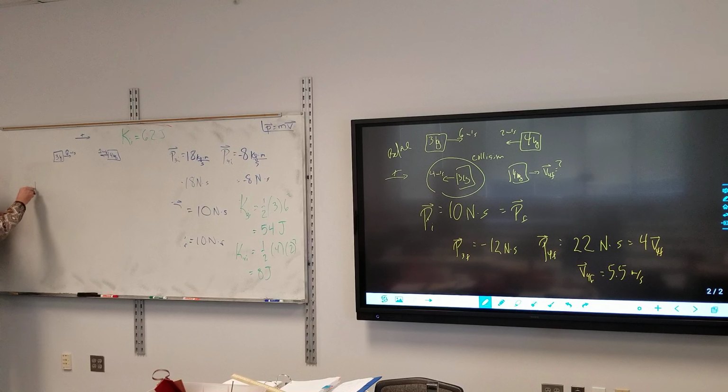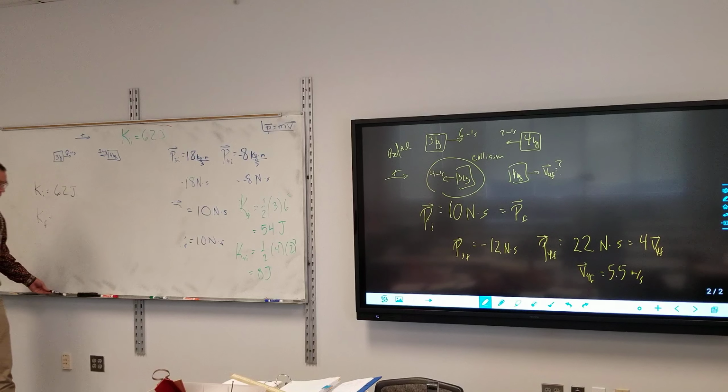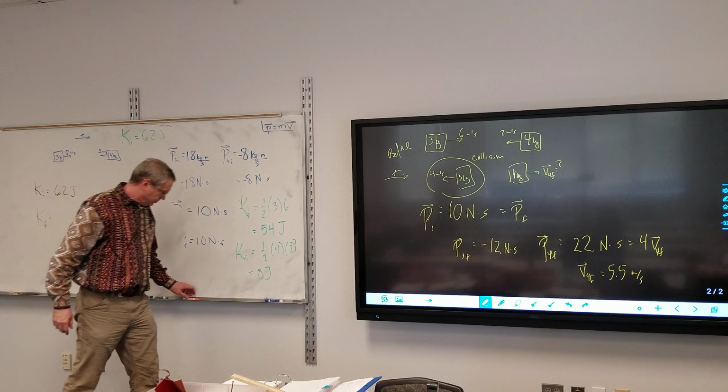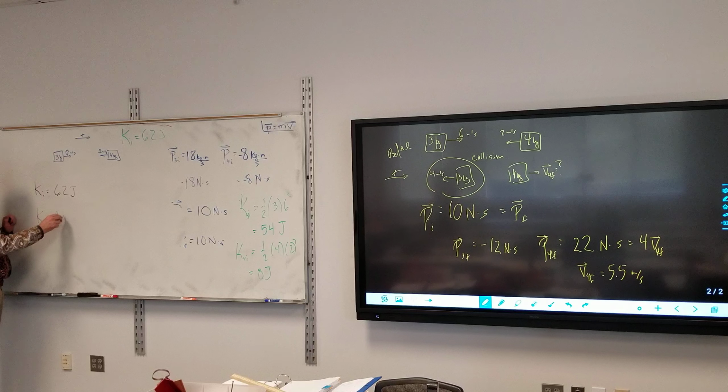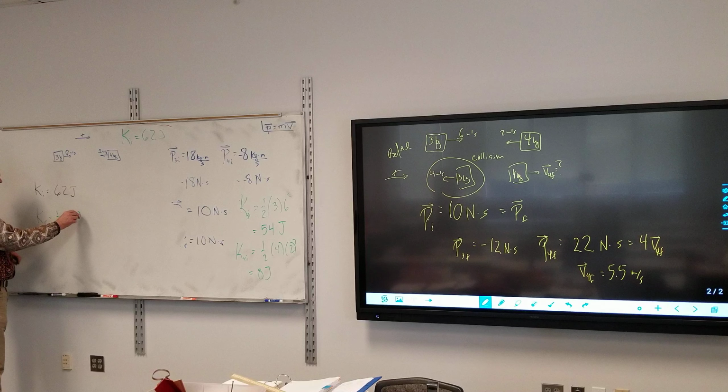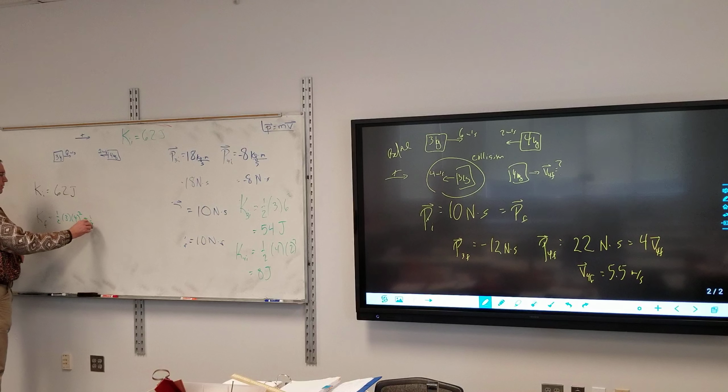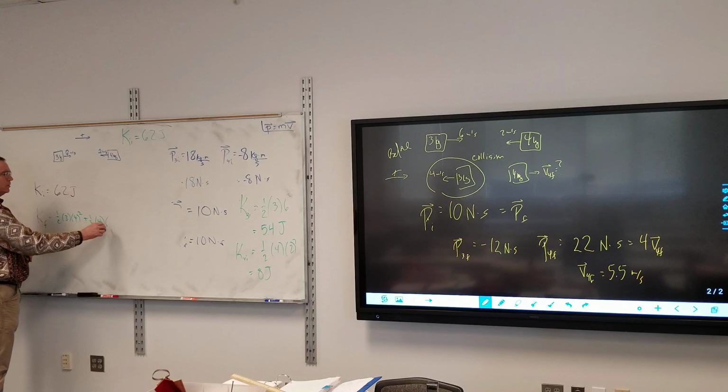All right, so my initial kinetic energy hasn't changed. That's still 62 joules. My final kinetic energy has got to be, well, we just add up the individual ones. So 1/2 times 3 times, is it 4? 4 squared. Plus 1/2 times 4 times 5.5 squared.